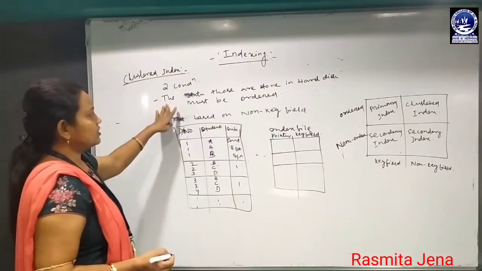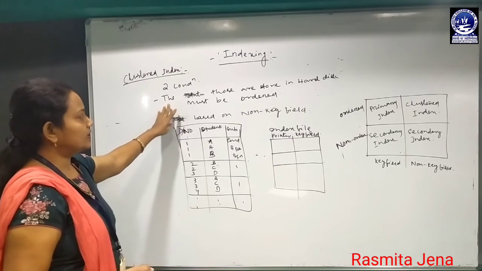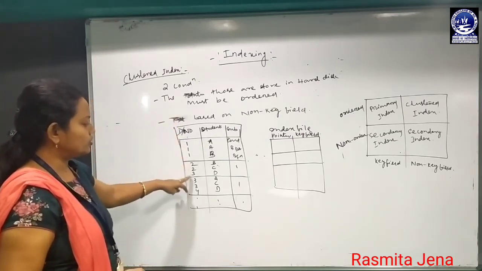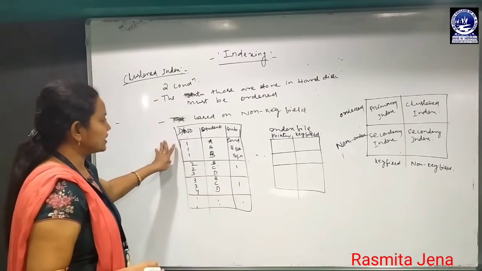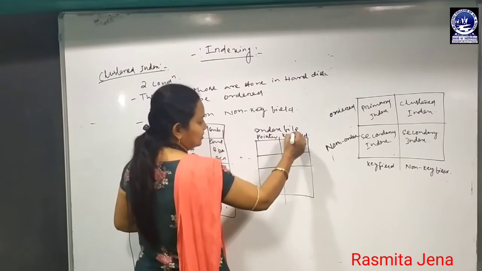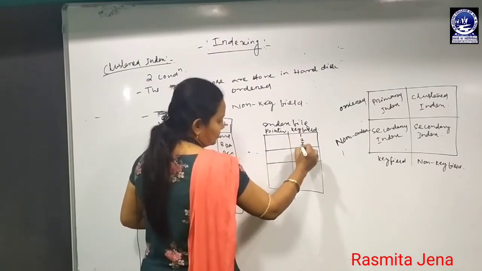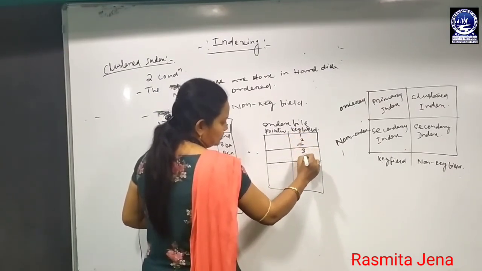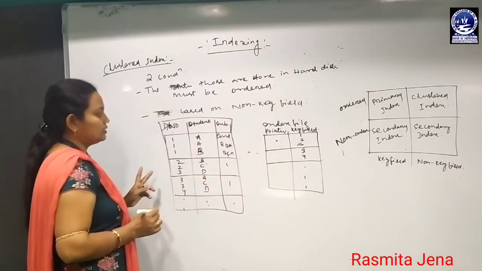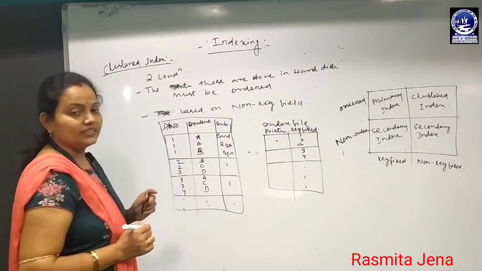In clustering index, the data that are stored in the hard disk must be ordered. You can see the data are in order, that means 1, 2, 3, 4 like this, and second, it is based on the non-key field. The index file contains the key field, the department numbers are the key field, and suppose we want to search the student information that is present in department 1.